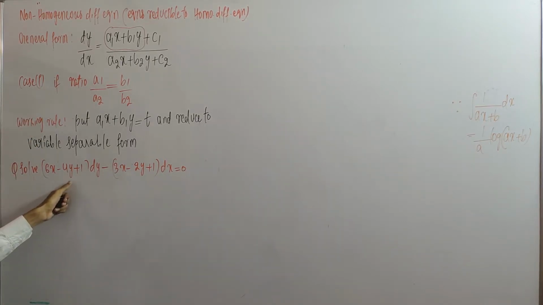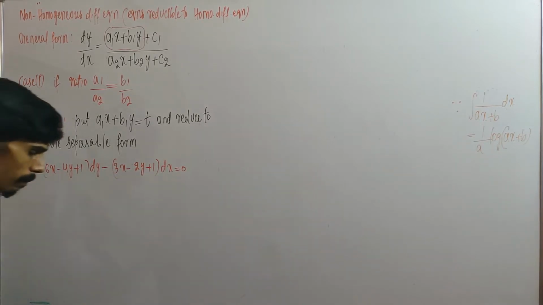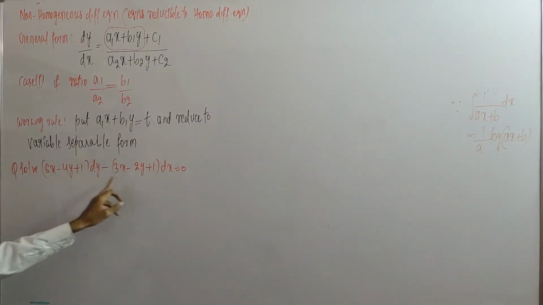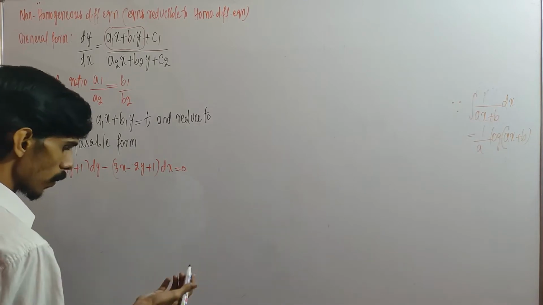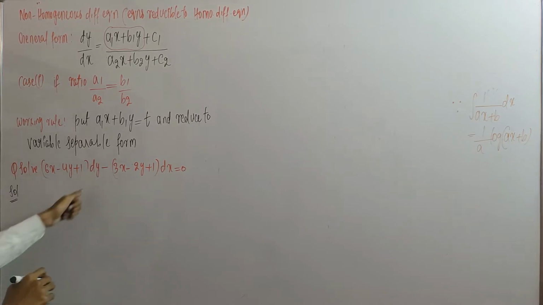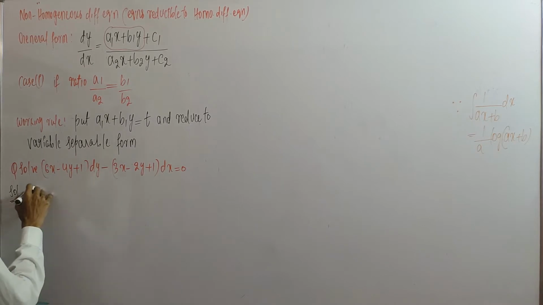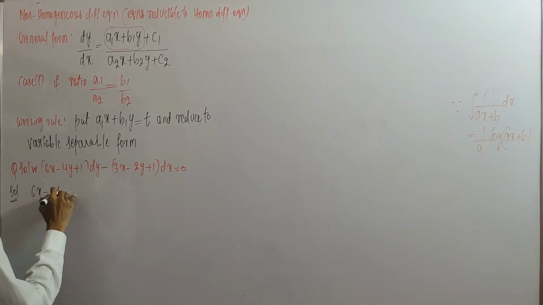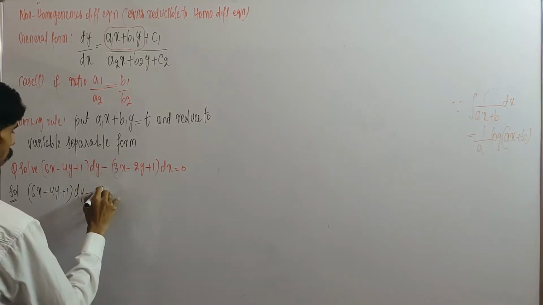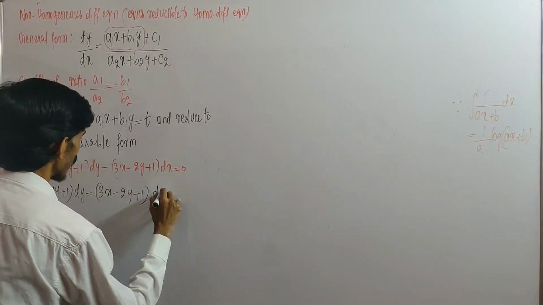Solve (6x minus 4y plus 1) dy minus (3x minus 2y plus 1) dx equal to 0. We have given this equation, with a straight line here and also a straight line here. So get the value of dy by dx first. Write down (6x minus 4y plus 1) dy is equal to (3x minus 2y plus 1) dx.